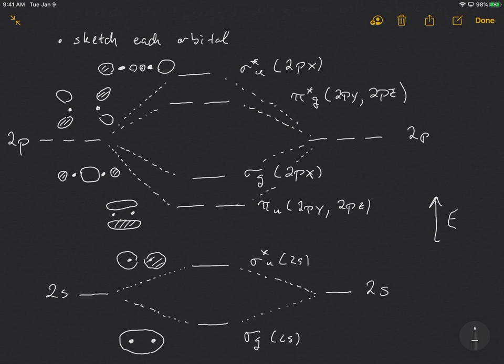And of course, we need to keep track of degeneracies because we're going to be putting in some certain number of electrons, and we need to keep track of how many electrons can go into which orbitals. So you can put 4 electrons into the pi u, and you can only put 2 electrons into, say, sigma g, and so on. And of course, you can put up to 6 electrons in each of the 2p orbitals for each atom.